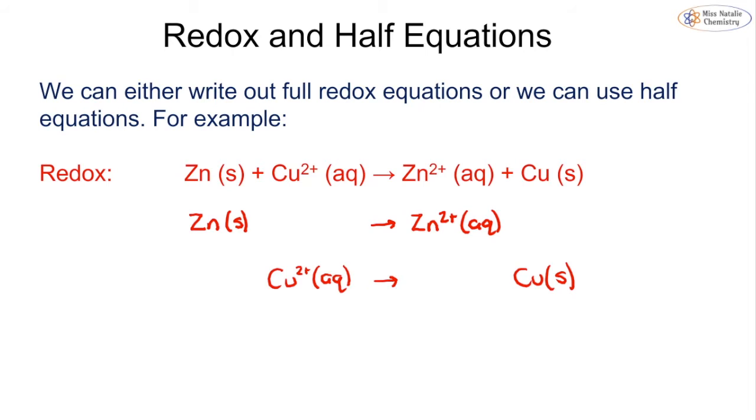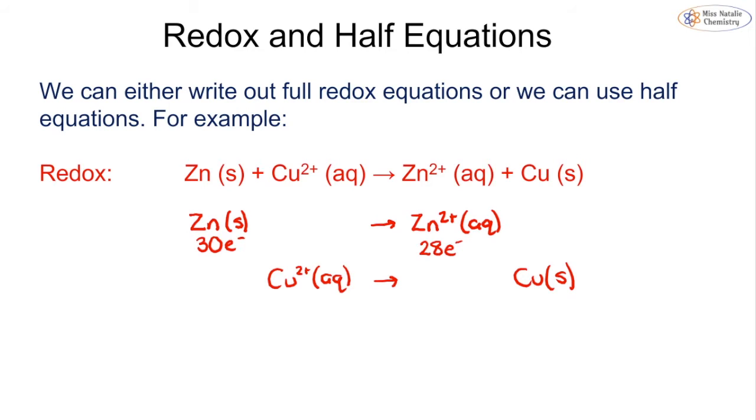Now, zinc has an atomic number of 30, which means when it is an atom, it has 30 electrons. And when it becomes zinc 2 plus, it has lost 2 electrons to become 2 positive. So this species has 28 electrons.